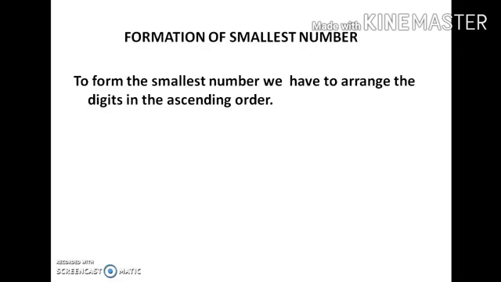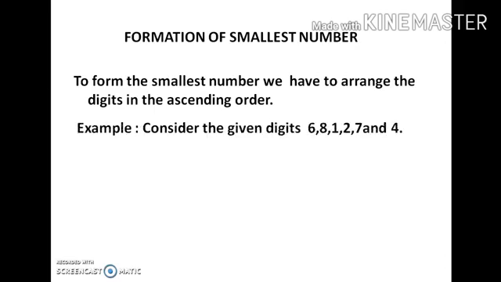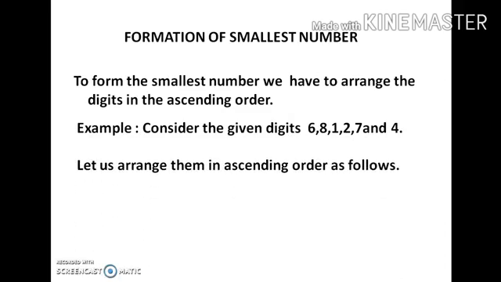To form the smallest number, we have to arrange the digits in the ascending order. Consider the given digits 6, 8, 1, 2, 7 and 4. Let us arrange them in ascending order. 1, 2, 4, 6, 7, and 8.